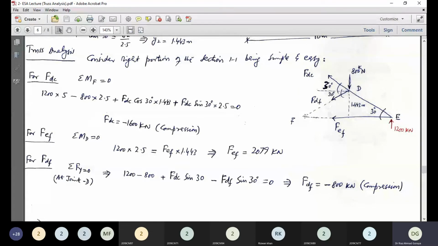Of course, having its two components, that is FDC cos of 30 and FDC sine of 30.